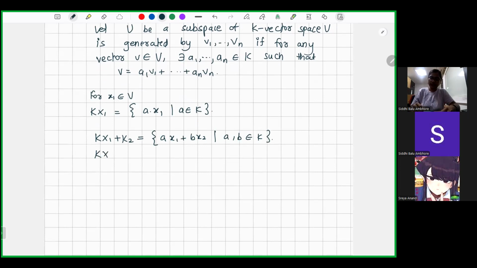In general, it means all possible linear combinations of x1 to xn, where we just change the coefficients. So this is a1 x1 up to an xn such that the ai are from K.